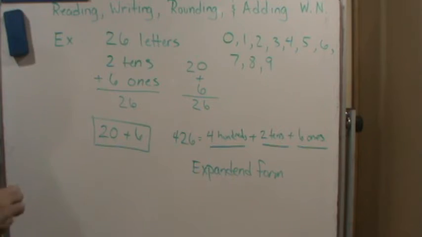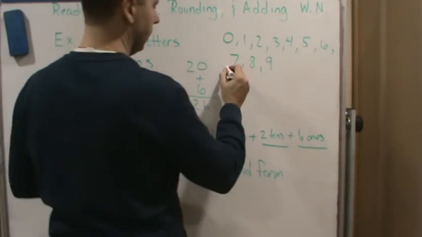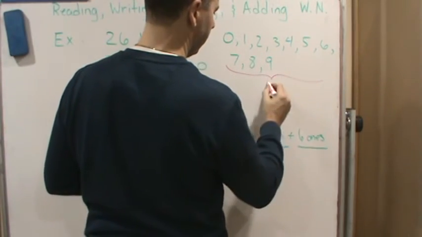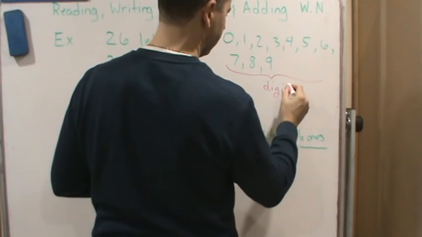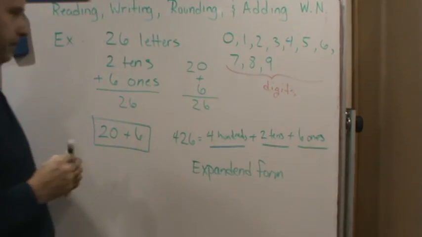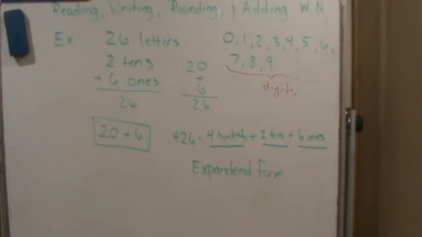And these are called the digits that make up the different numbers, and all of our numbers can be made up of a combination of those digits.